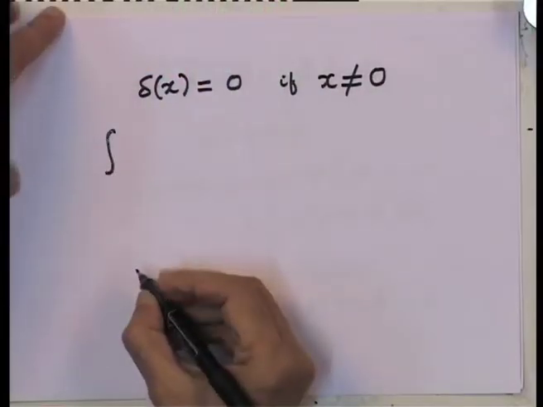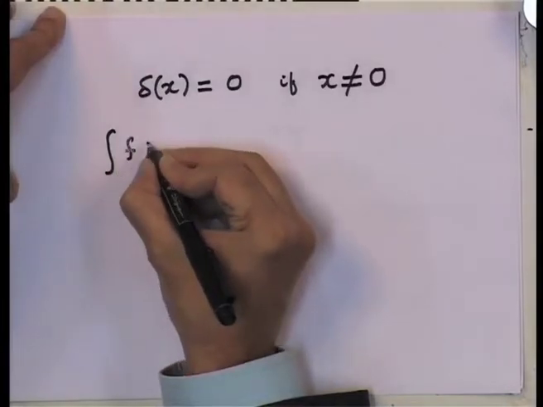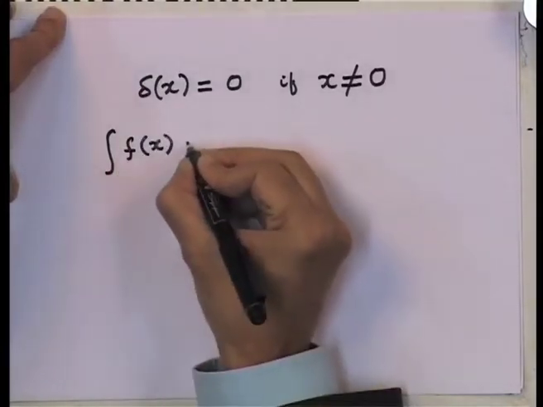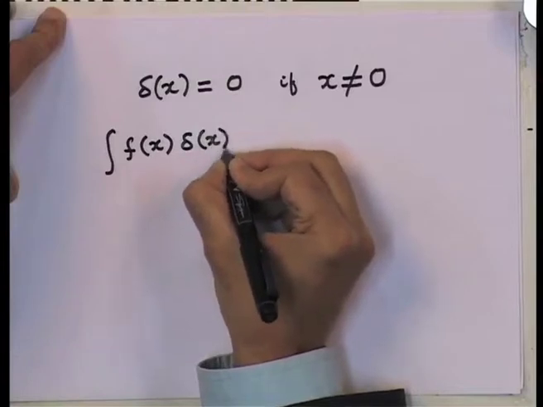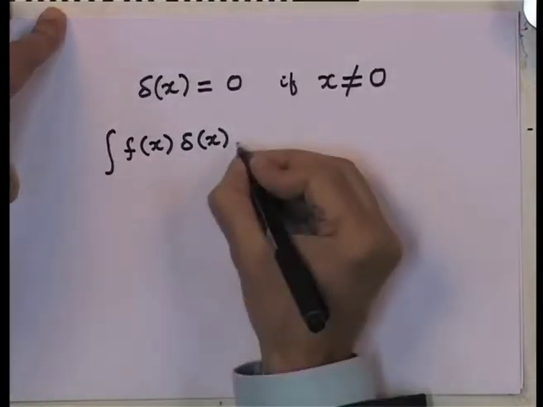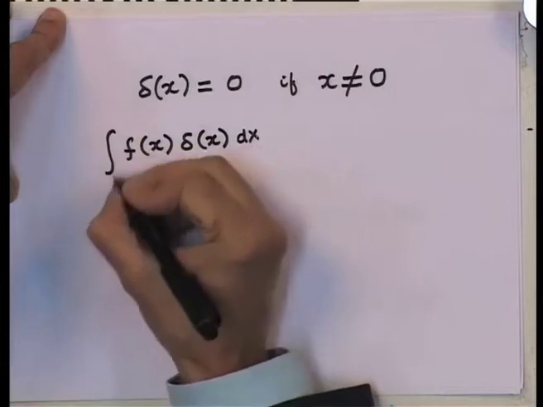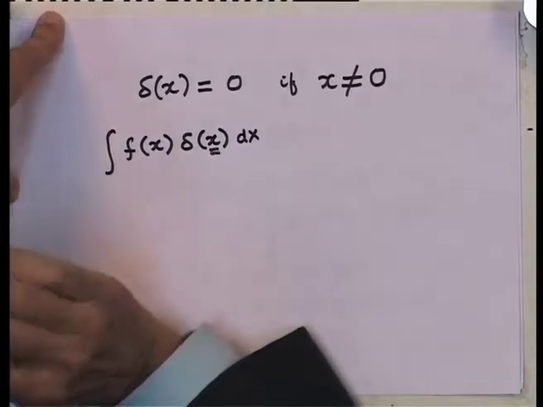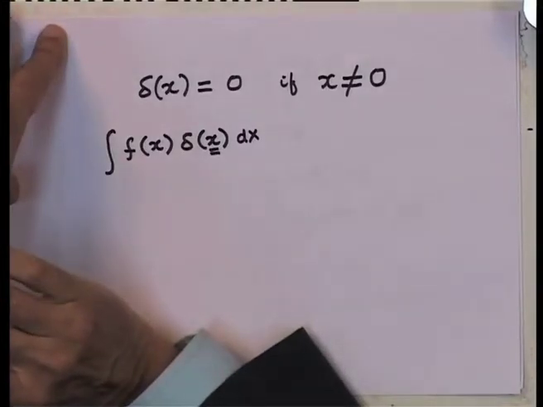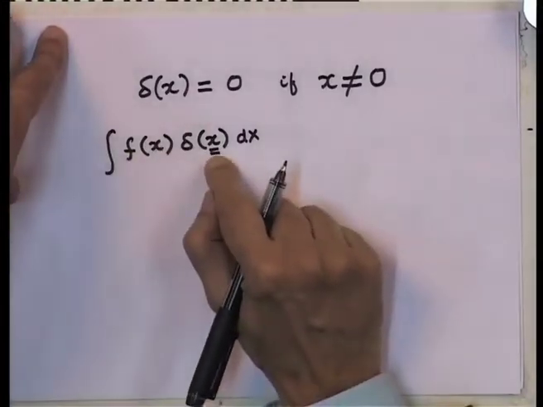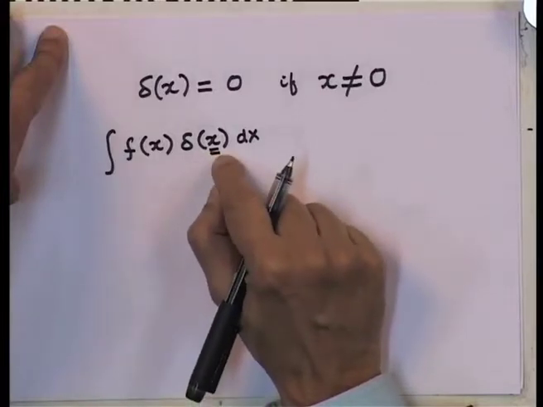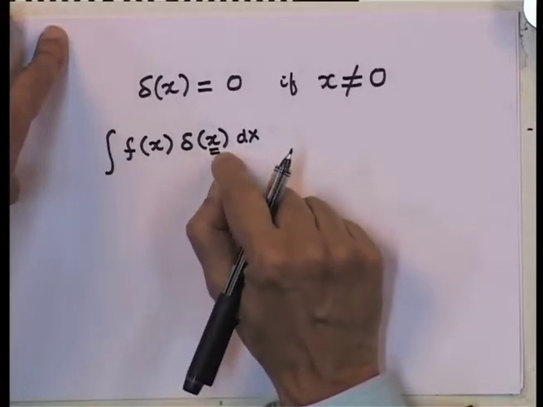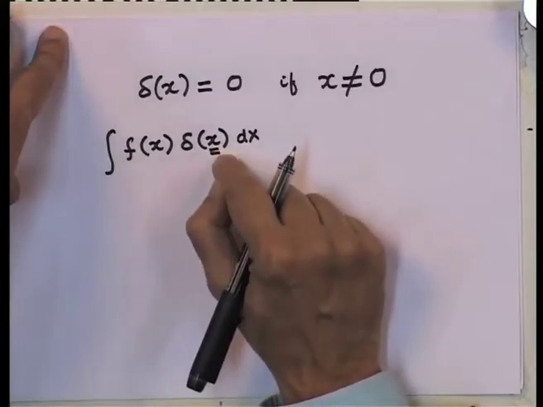What we do is this: we say that suppose you take an integral of a test function f of x multiplied with this delta of x, and if this interval includes the point which provides the argument of the delta function, in this case the delta function is at x equal to 0, the argument of the delta function is x.